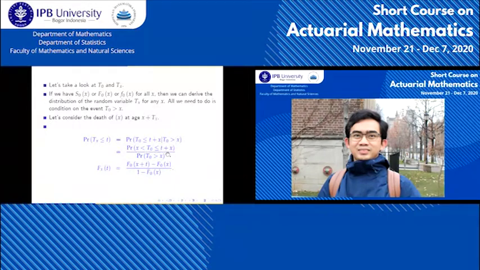Okay, so the probability that Tx is less than or equal to T is equal to the probability that T0 is less than or equal to T plus X, given that T0 is larger than X. And from probability, we know that the probability of A given B is equal to the probability of A intersect B divided by the probability of B, where the probability of B is larger than 0.